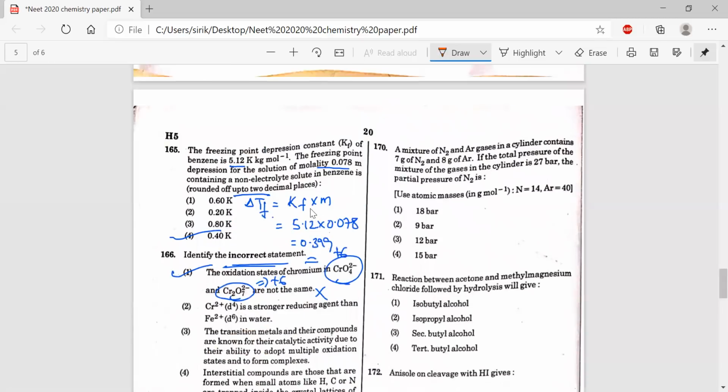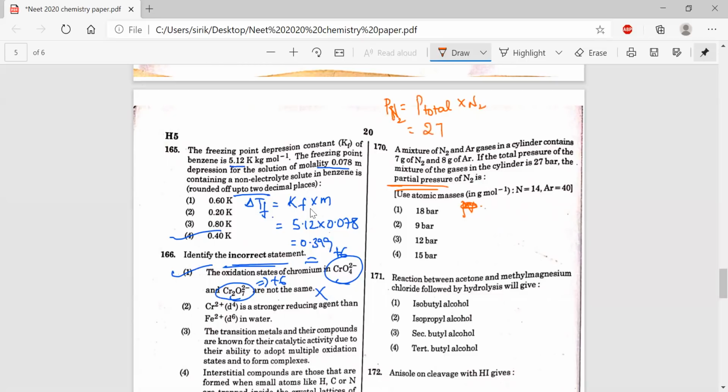Coming to question number 170, we need to find the total pressure, PV equals to, we want to find the partial pressure, right? In this question, I'm not reading the question to do it faster. So Pi equals P total into mole fraction of nitrogen, because they're asking for partial pressure of nitrogen.